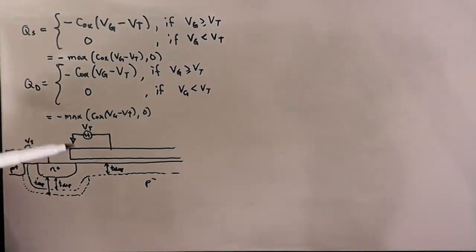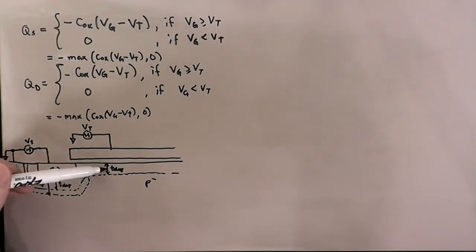And what that basically means is that we have increased the energy barrier between the source and the channel region, because now we aren't at this sort of equal thickness condition.